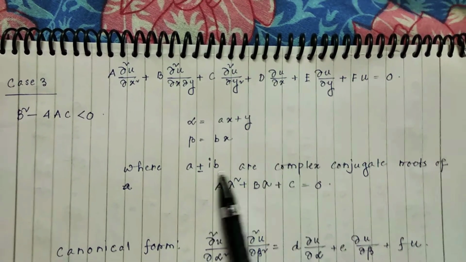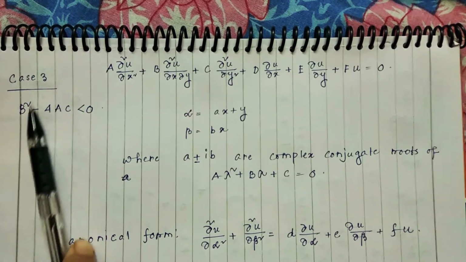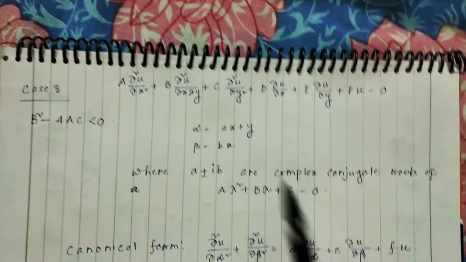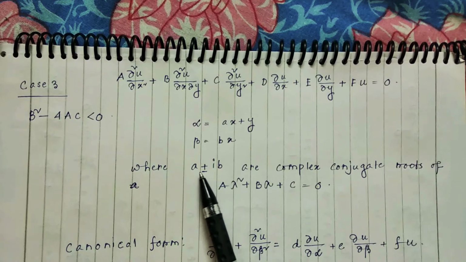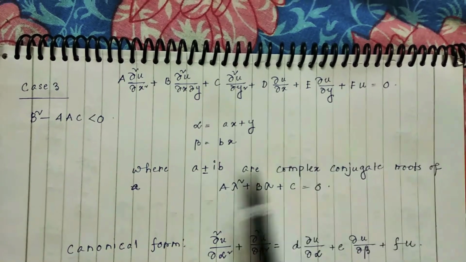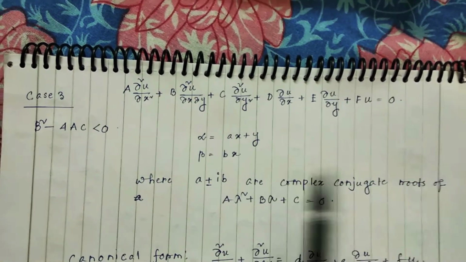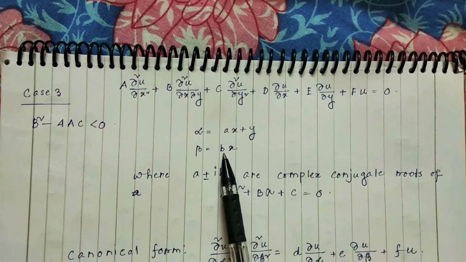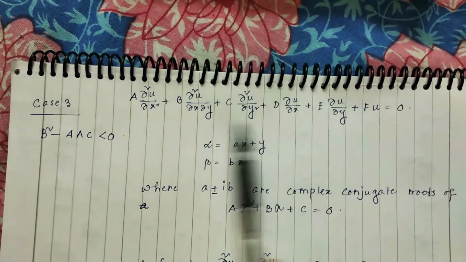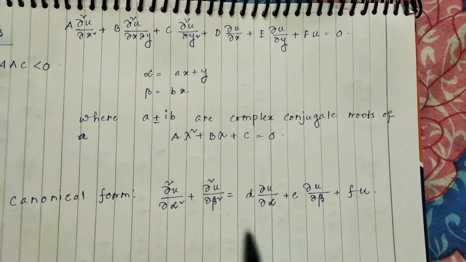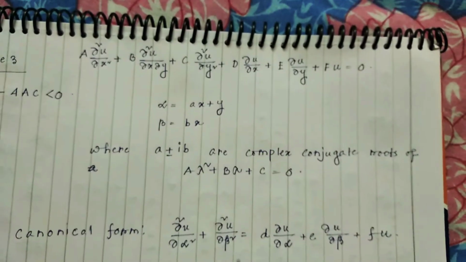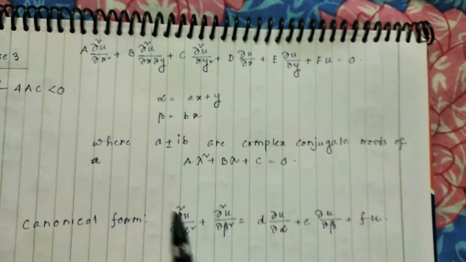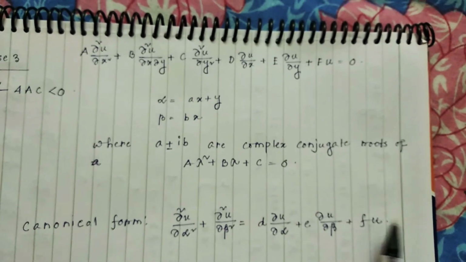This equation has complex conjugate roots because of this relation you know from the coordinate equation. So one root is a plus ib and another is a minus ib. The real part you put here and the complex part you put here, and the transformation is like this, and the canonical form is this. There is no cross term, that means del 2 del alpha del beta is not there, only 5 terms are there.